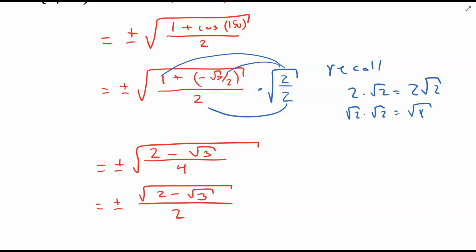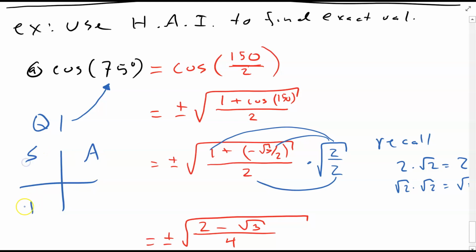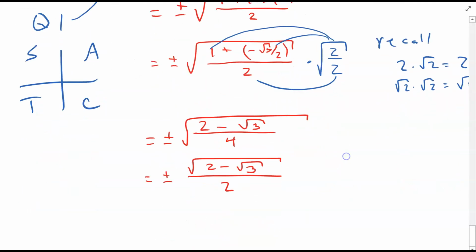Why do you say positive? Nope. Since the angle 75 that we're evaluating the cosine of is in the first quadrant, using all silly turtles crawl, I know cosine needs to be positive in the first quadrant.